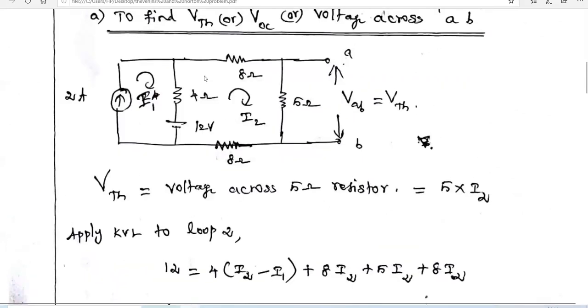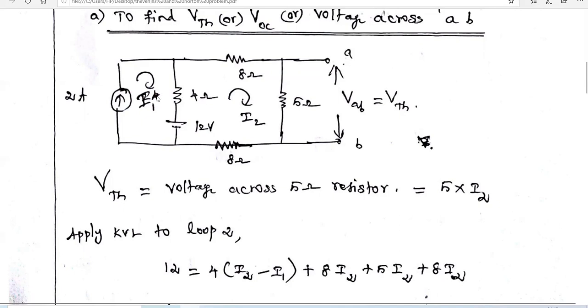We have to write one more equation, for this second loop. For this loop we write the KVL equation. Start from here. The voltage source, going from minus to plus, is a voltage rise. The sum of voltage rises is equal to the sum of voltage drops. So 12 is equal to 4 times the current flowing through this 4 ohm resistor.